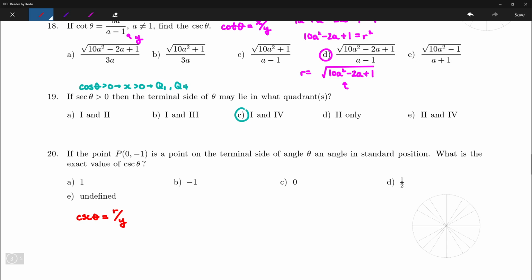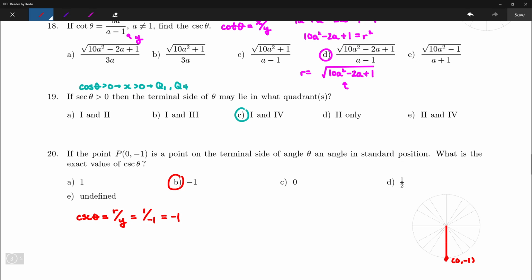So the radius, actually, we're just going to go ahead and draw the point here. So it's a point straight down, like so. Here is 0, -1. Notice that the radius is just 1. The y value is -1, so the ratio will be -1, which means the answer is just B.